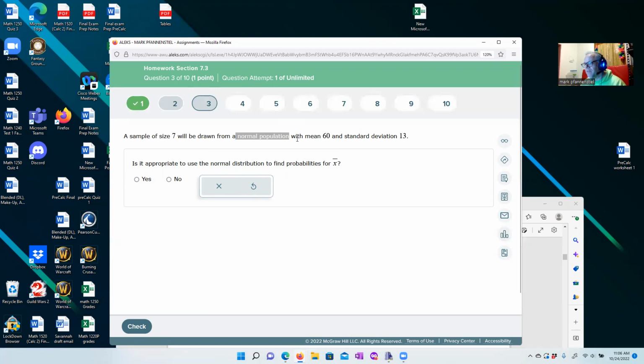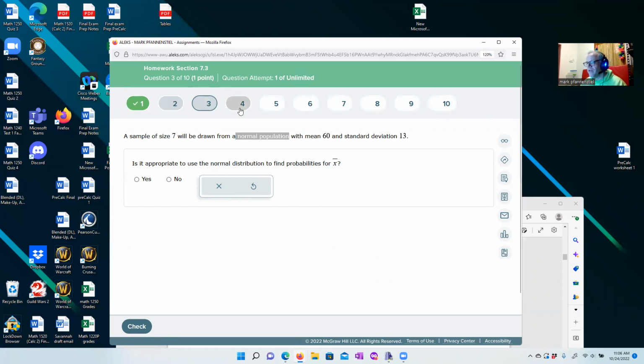Once they told us it's normal, we don't care what the sample size is. X bar will be normal because it inherits it from the underlying population.